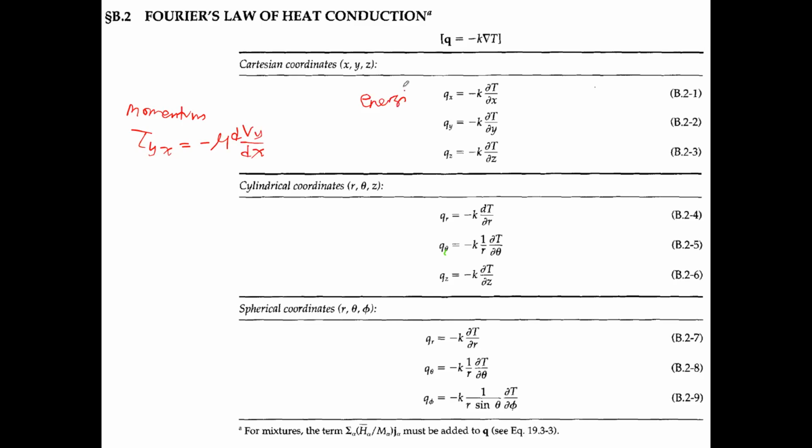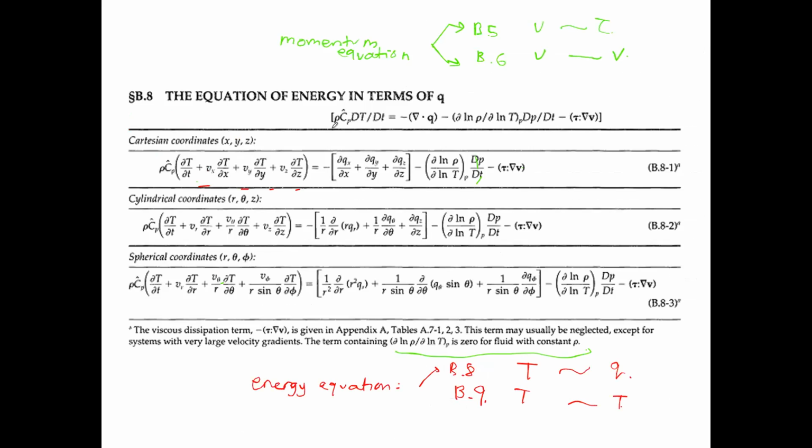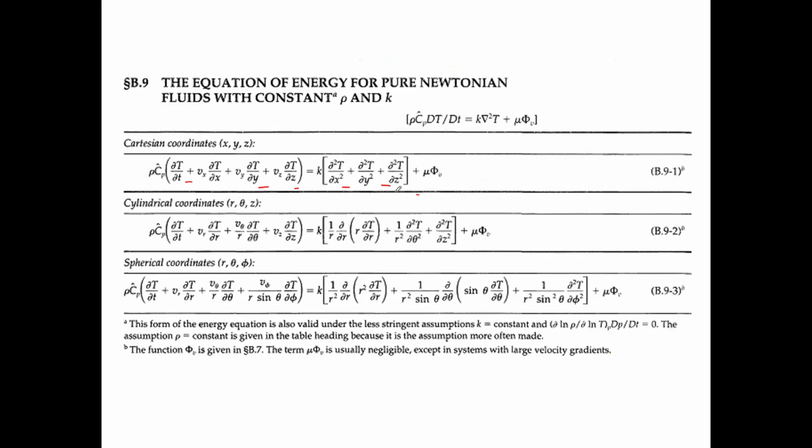This one is the equation of energy in terms of Q. If you want to know the temperature distribution, you need to substitute Fourier's law into this type of equation. The last one is the equation of energy for pure Newtonian fluids with a constant rho and a constant k, or thermal conductivity. This one we're going to use.